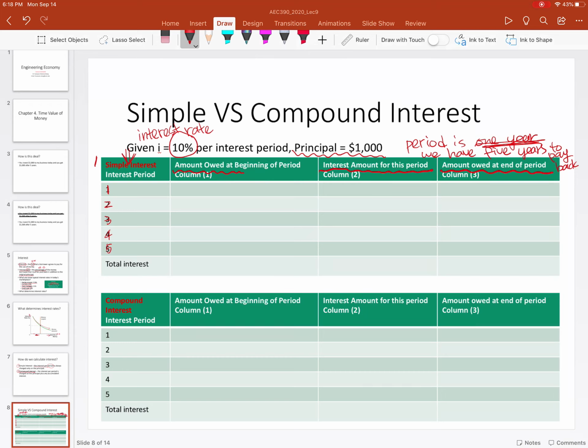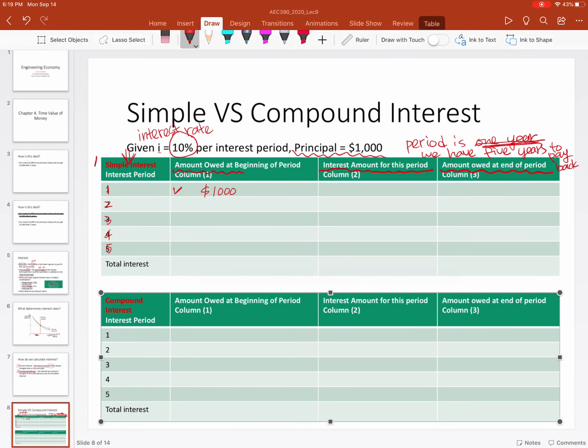Now let's take a look at this cell: the amount owed at the beginning of the first year. At the beginning, how much do you owe? You only owe them 1,000, right? Because that's the initial amount you borrowed from them. So in this cell, we want to fill in 1,000. Makes sense.